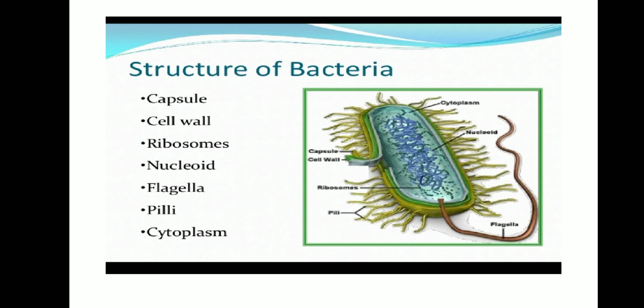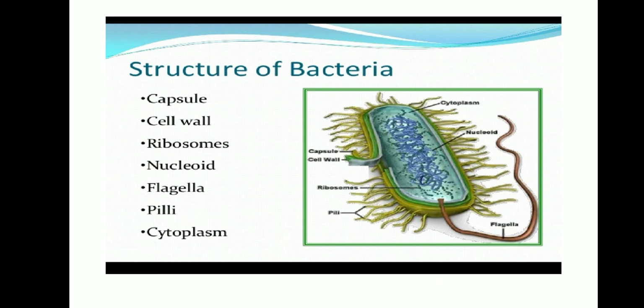According to the shape, bacteria are classified into 4 types. What are they? Bacilli. Rod-shaped bacteria, or bacilli. Example, Bacillus anthracis.